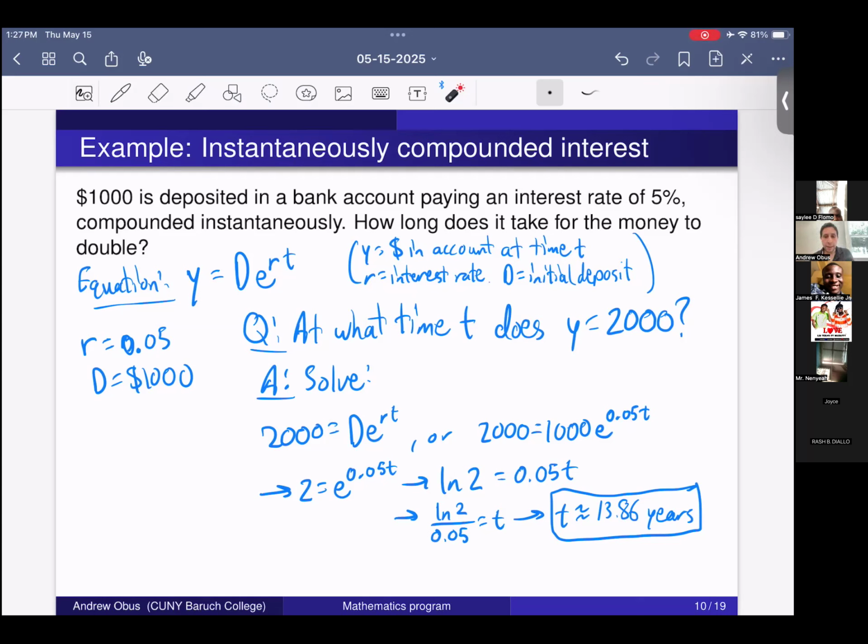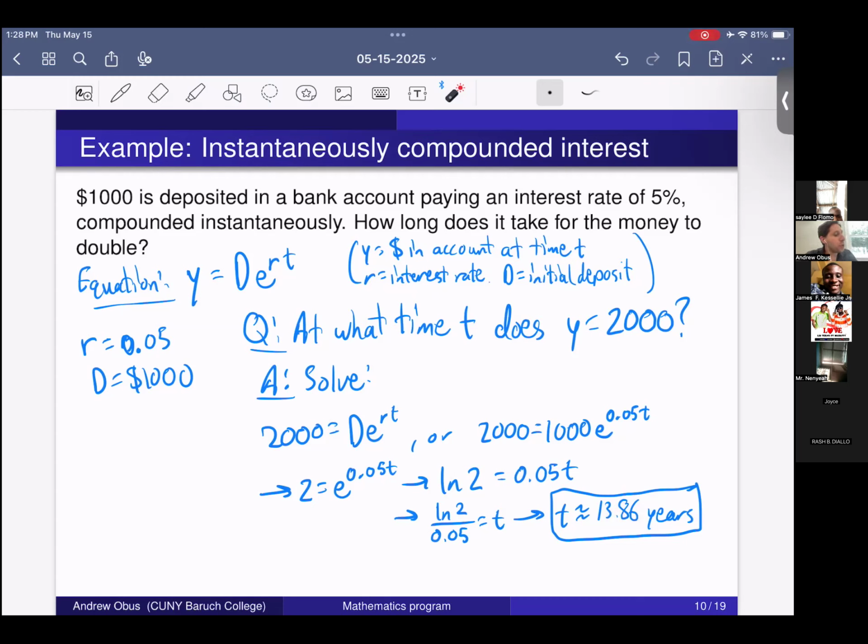Hello? Yes, hello, Rash? So are we saying that the deposit we are multiplying is doubled? We're saying that it takes 13.86 years for it to double if you leave it alone. What I mean, the y we got, which is 2,000, right? Are we multiplying the 1,000, or are we just assuming 2,000?